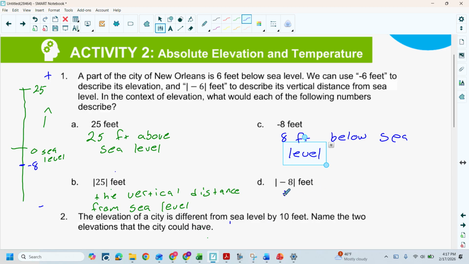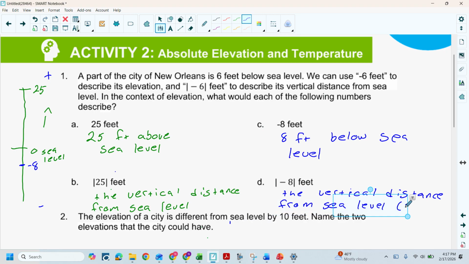And so this would be the vertical distance from sea level, 8 feet.